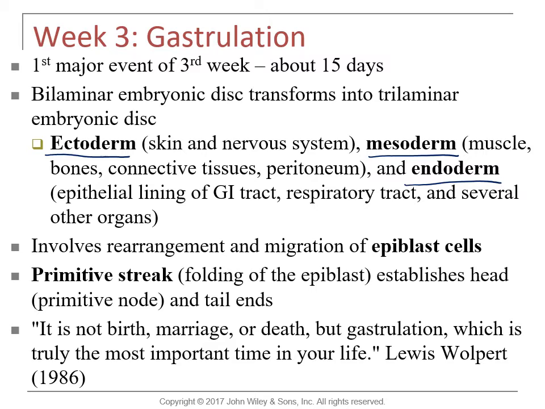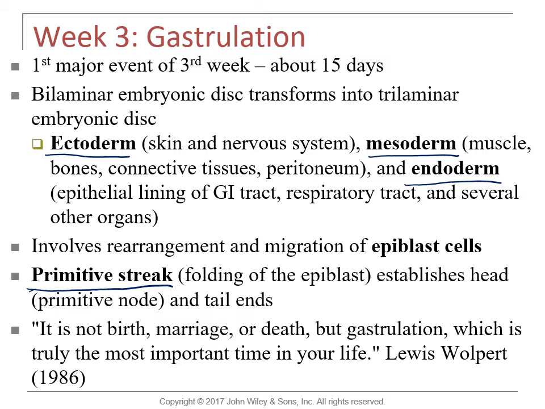Gastrulation involves the rearrangement and migration of cells from the epiblast. The first evidence of gastrulation is the formation of the primitive streak, a faint groove on the dorsal surface of the epiblast that elongates from the posterior to the anterior part of the embryo. The primitive streak clearly establishes the head and tail ends of the embryo, as well as its right and left sides.